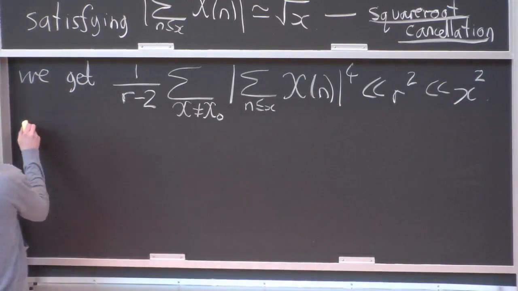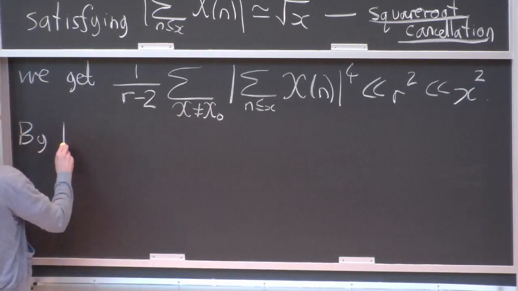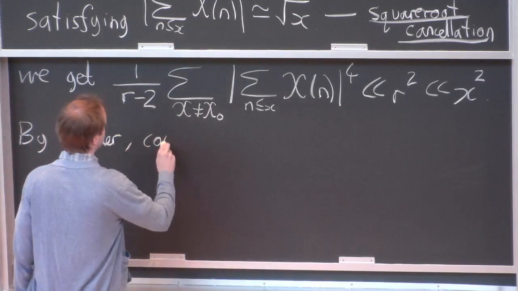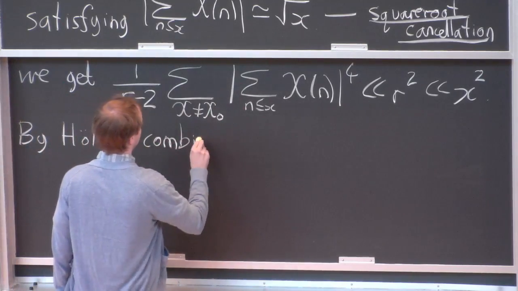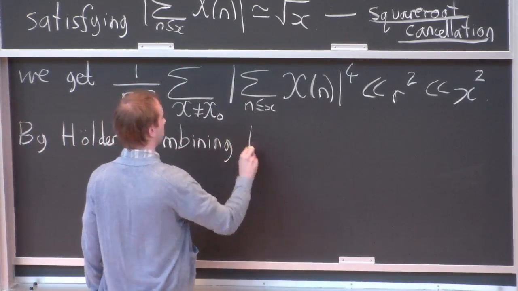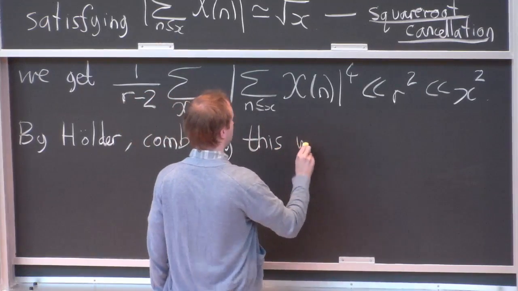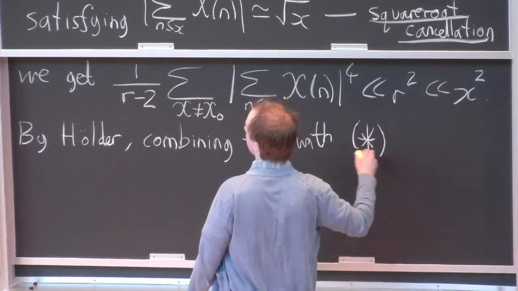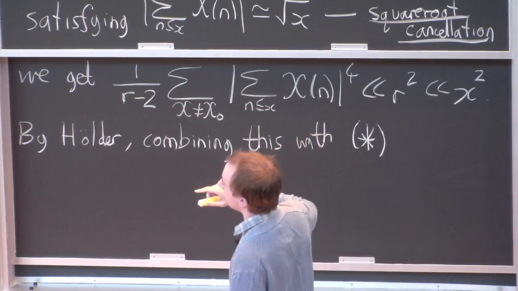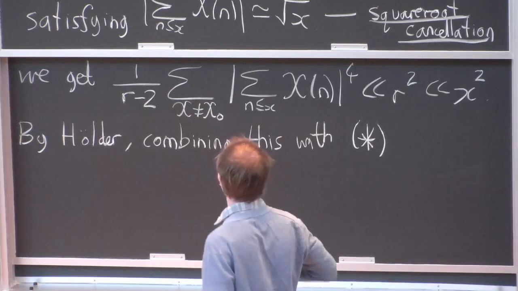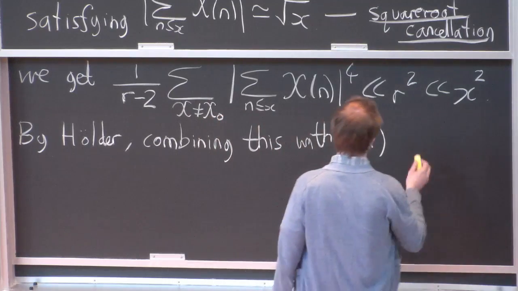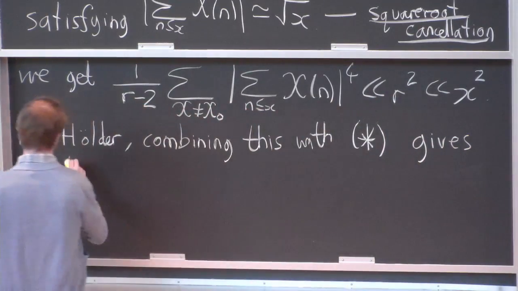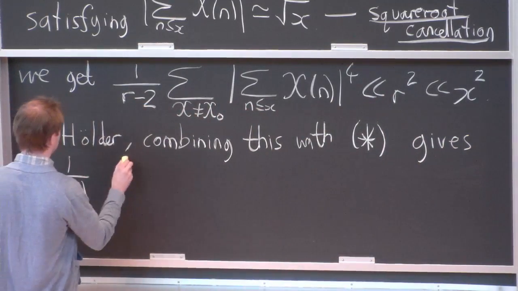Okay, so by Holder, combining this with the L2 result that I called star somewhere there, gives a lower bound.